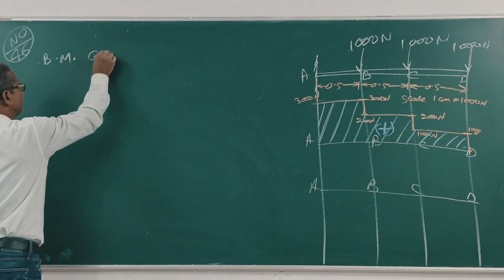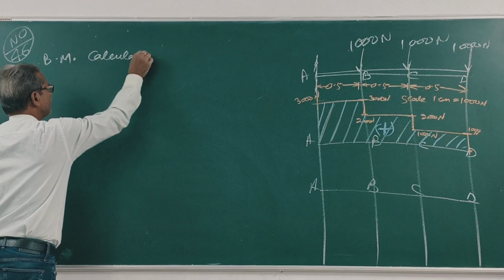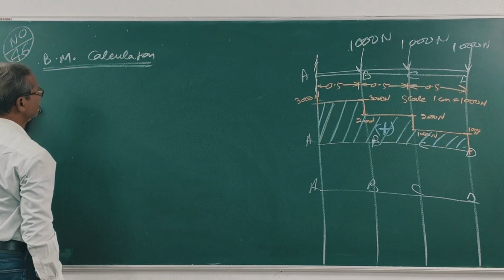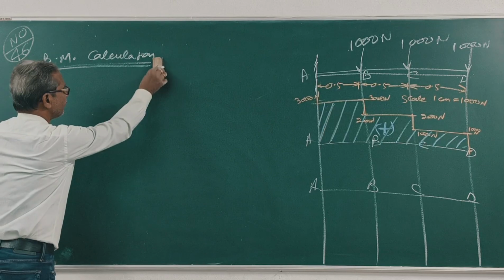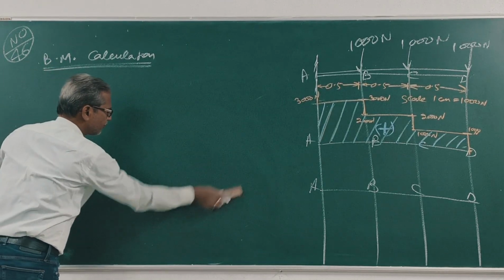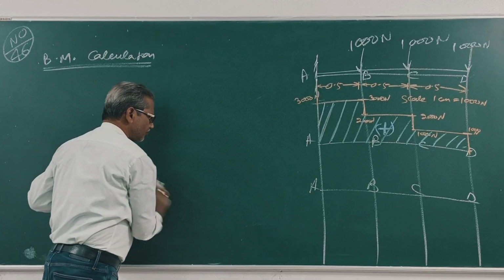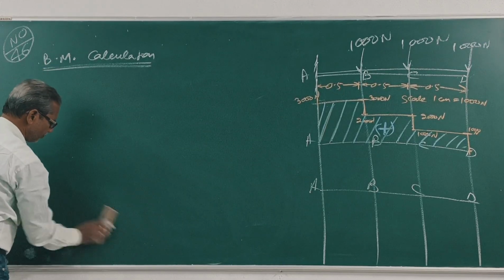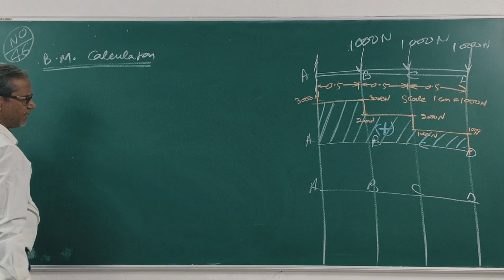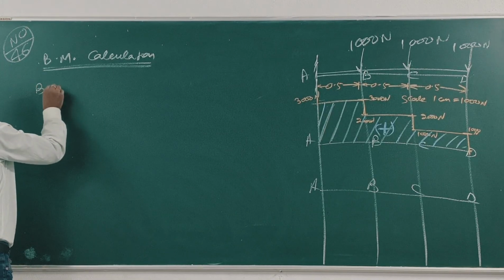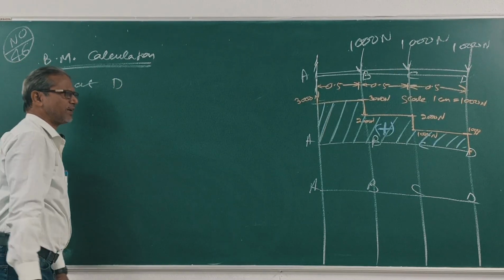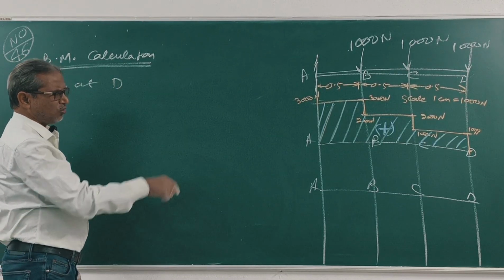BM calculation. At D, bending moment at D is equal to 0 because 1000 into 0 is equal to 0.